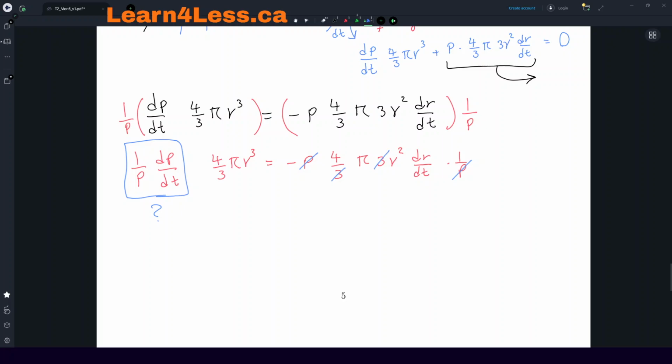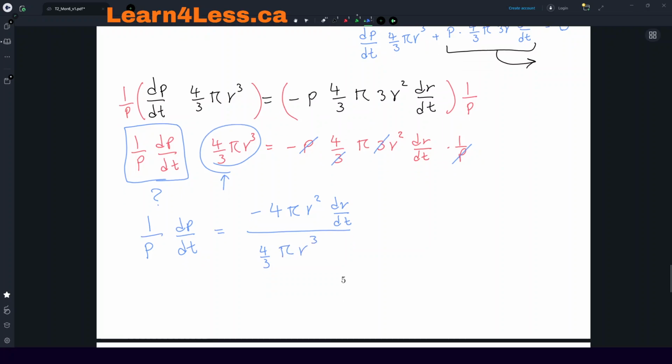So what we get is 1 over p dp over dt. Okay, let's isolate that, basically dividing both sides by these. So on the right hand side, we already had negative 4 pi r squared dr over dt over this, which is 4 over 3 pi r cubed.